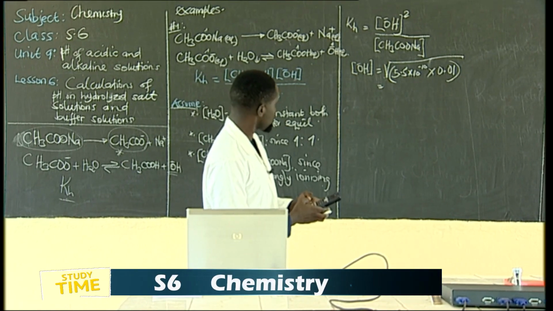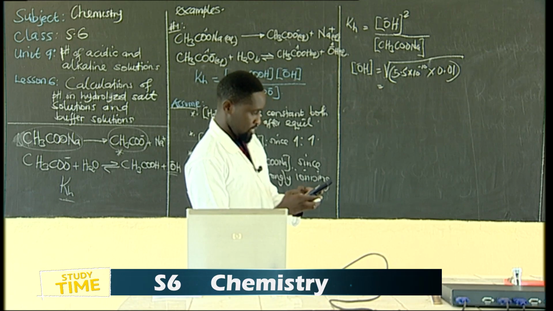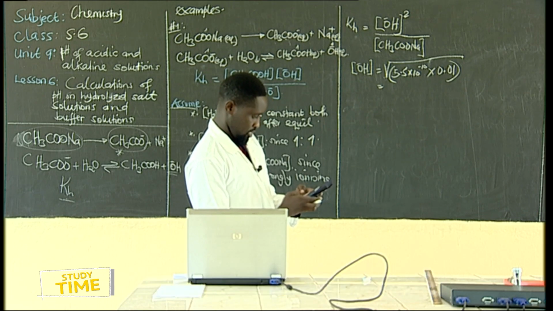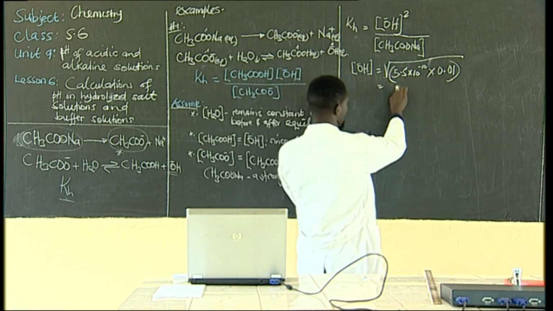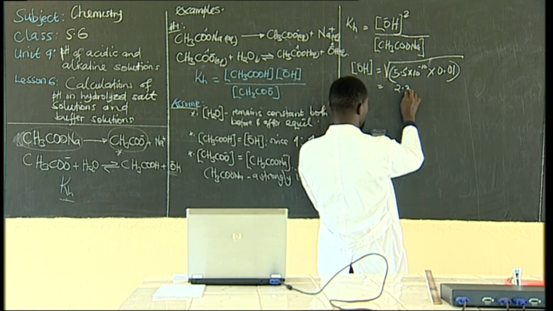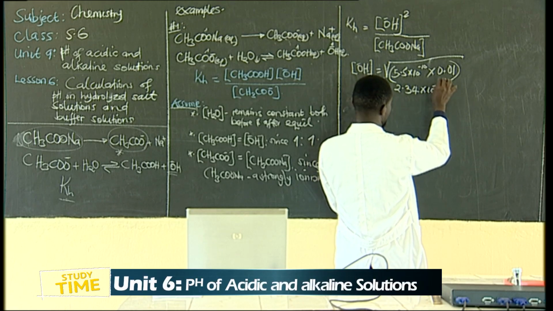Close the brackets, substitute that in the calculator. Very fast. 5 exponent negative 10 times 0.01, root, okay. You'll get 2.34 exponent negative 6.